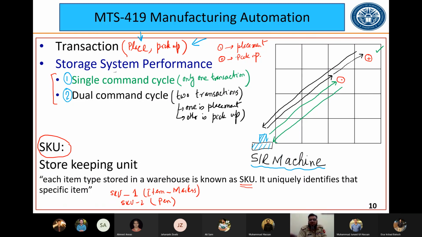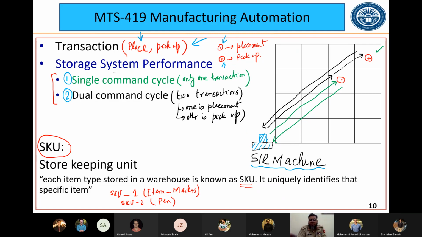So let me just follow the convention. I have used a dot with a circle as a placement operation or a placement transaction, and a plus with a circle as a pickup operation. All right.